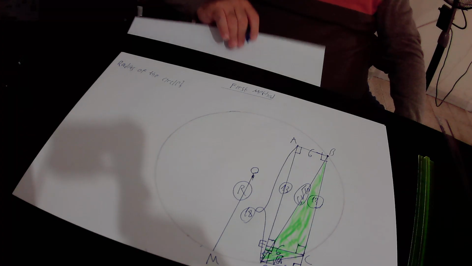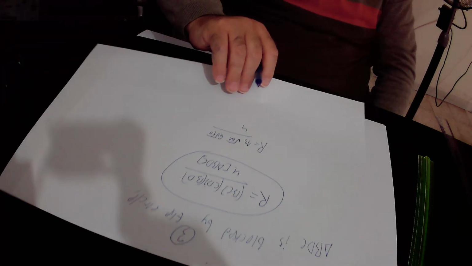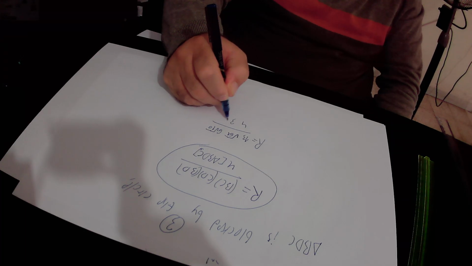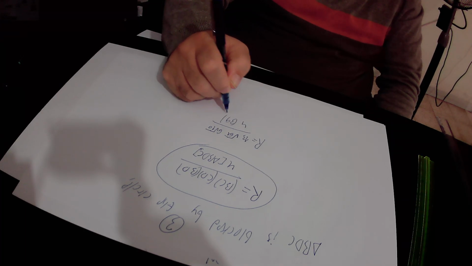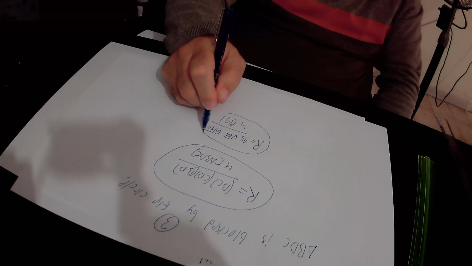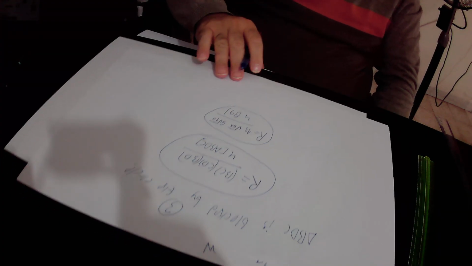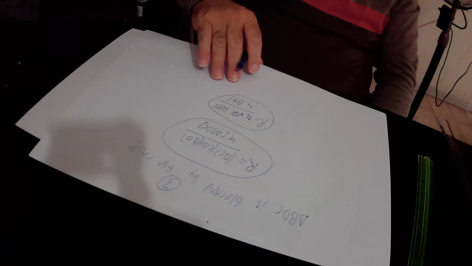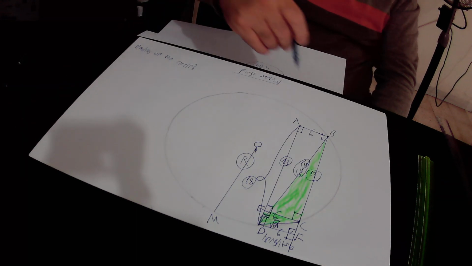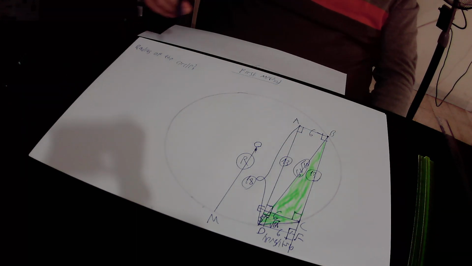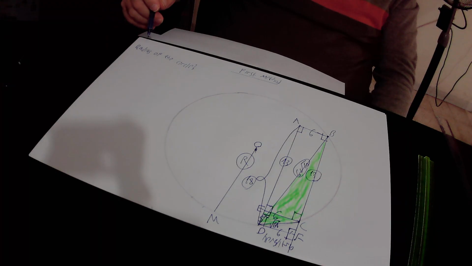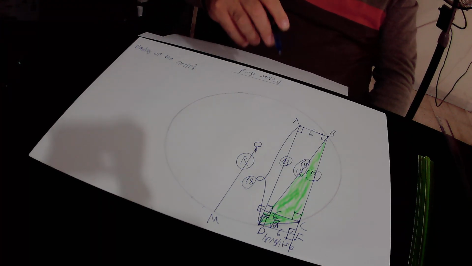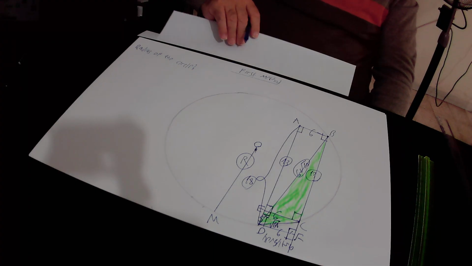And we already found out that the area of the green triangle BDC equals 39 square units. So actually, this expression is the answer to our question. Why? Because we have to find out the radius of this circle. Capital R equals the radius of this circle.